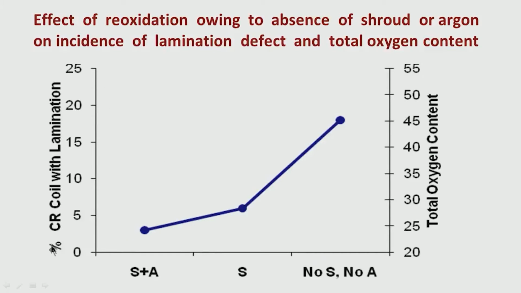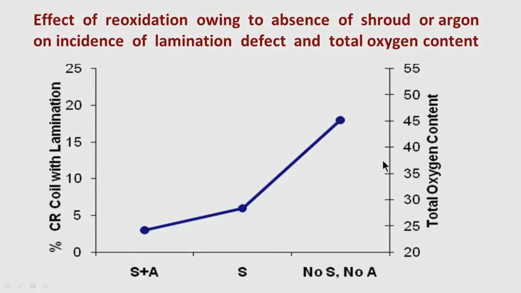Now, on this side I have shown that if we have a higher amount of total oxygen, the final CR, that means cold rolled coil, whatever final product we are producing, will have lamination type of defect, which is generated from the alumina inclusions.